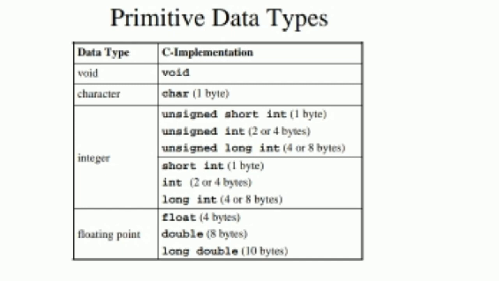Integer, 4 bytes, ranges from -2147483648 to 2147483647. Long integer, that is 8 bytes, from -9223372036854775808 to 9223372036854775807.